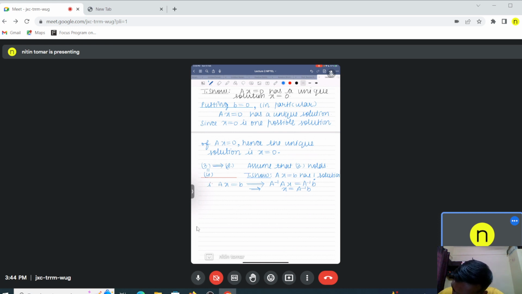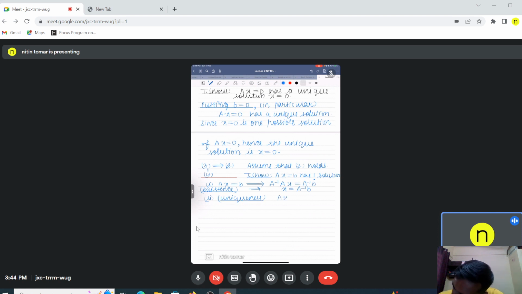So this is the first point. Second, it has a solution given by A inverse b. This is called the existence part. We showed that there is a solution. To show uniqueness, and this is a very standard thing in mathematics, first you prove the existence, then you prove the uniqueness.